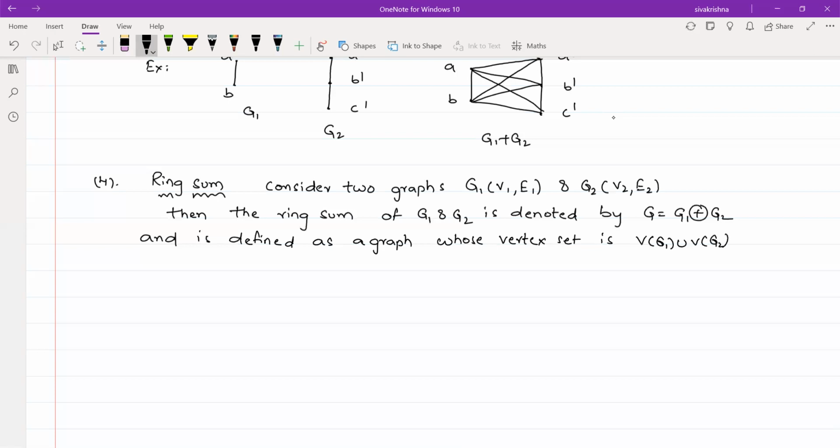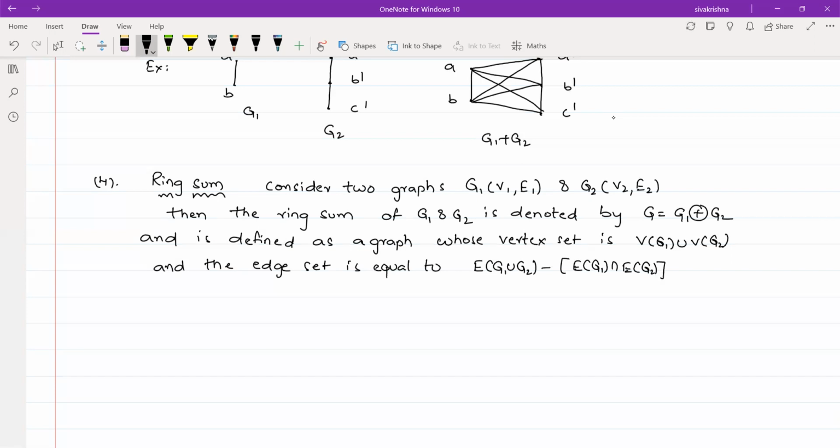It means that in the ring sum of 2 graphs, the vertex set should be the union of the vertices in G1 and G2, and the edge set is equal to E of G1 union E of G2 minus E of G1 intersection E of G2.